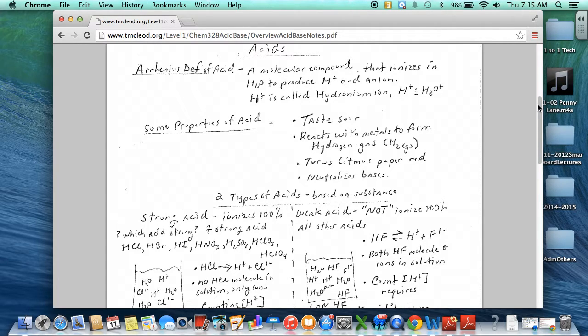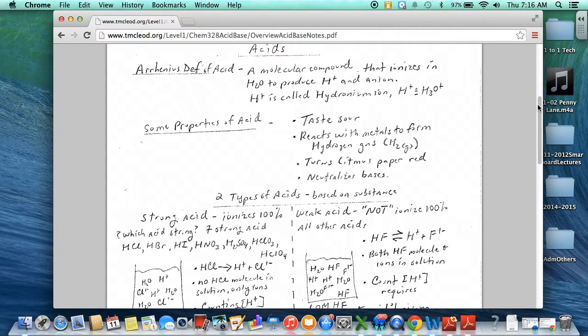Acids are actually molecular compounds, and we treat them as ionic compounds because we say they break up into H plus ions and anions. So that's not actually a dissociation, it's an ionization. That's the name you have to give it because it's a molecular compound. So that's why it's called ionizes, not dissociates. Dissociates is another word for dissolve.